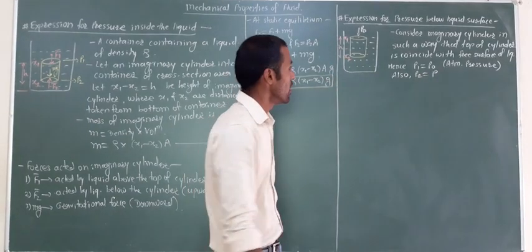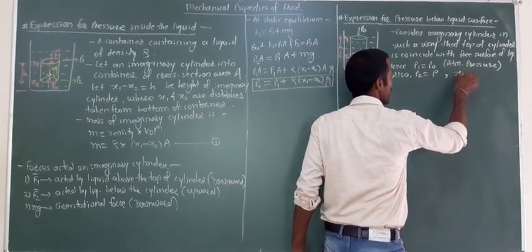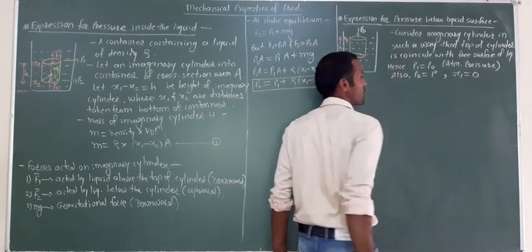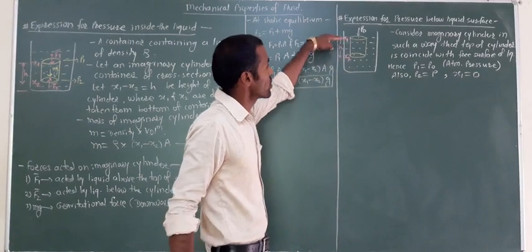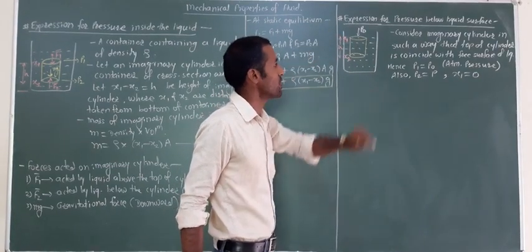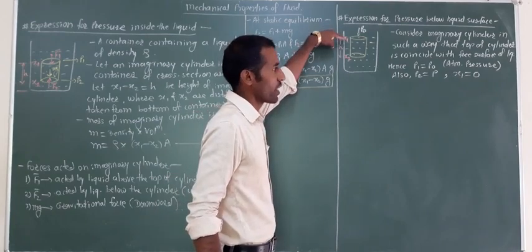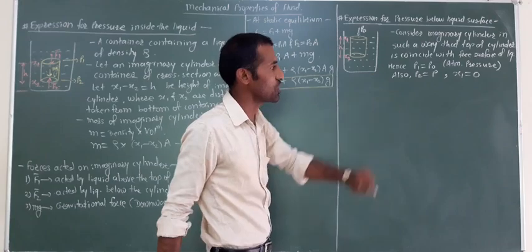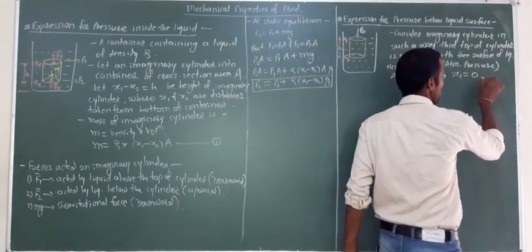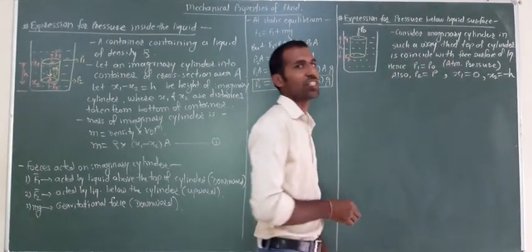Then instead of x1, let's substitute 0, because this point we have taken at the free surface. If that point is the reference point, we have taken 0, then our x2 will become minus h now.